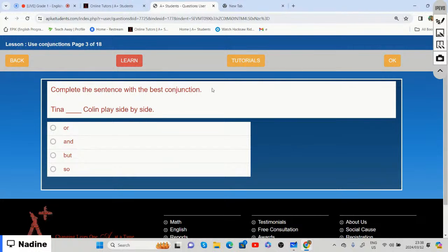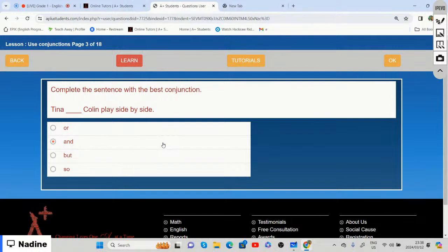So we're going to say Tina and Colin, they play side by side, meaning that the two of them are playing together. All right.